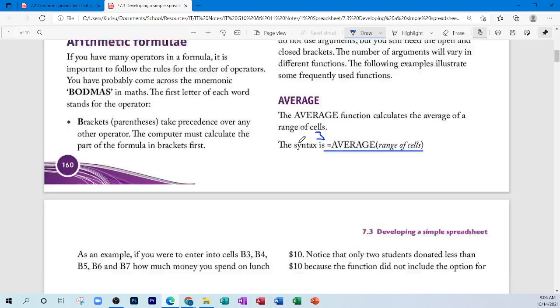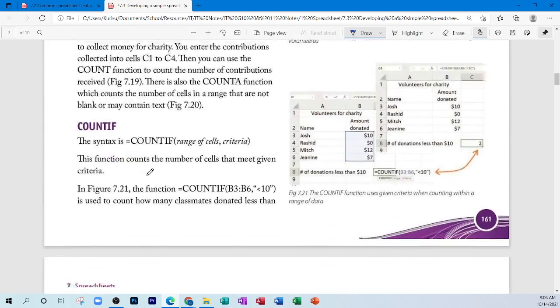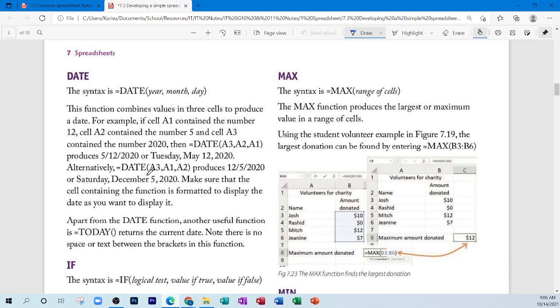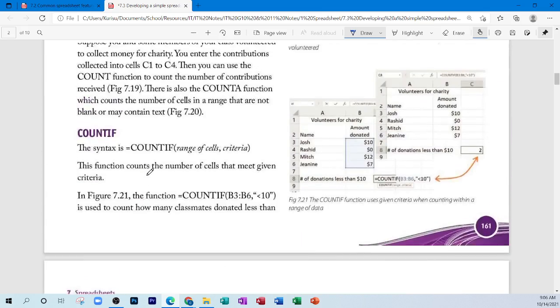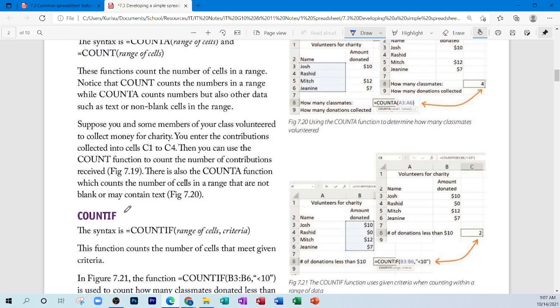Good. So we already looked at the average function. We already looked at Count A, Count If, and we wrapped up last week at Date. Remember, Count only counts numbers. Count A counts any type of data. Count If counts numbers, but based on a criteria.